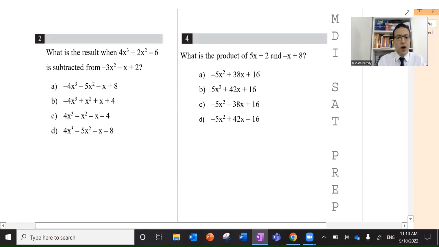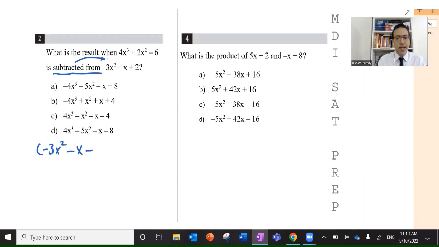What is the result of 4x power 3 plus 2x squared minus 6 subtracted from what? What is subtracted from comes first. So it's negative 3x squared minus x plus 2 minus 4x power 3 plus 2x squared minus 6.